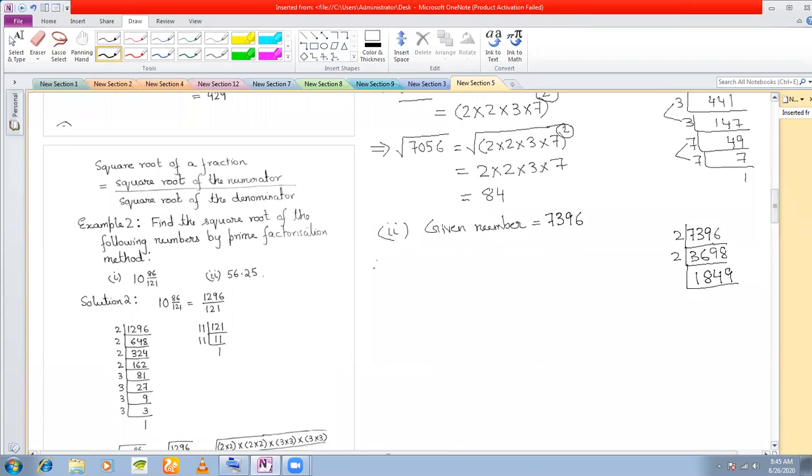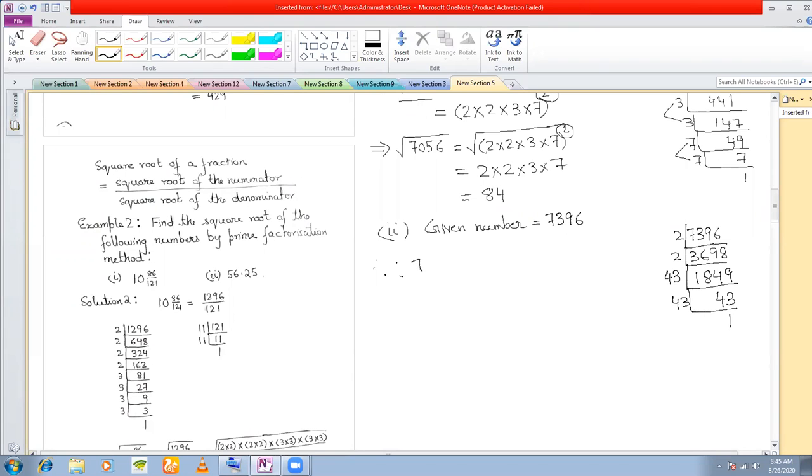1849 is divisible by 43. 43 into 43 is 1849. This is a tough one, but I'll tell you how to check.